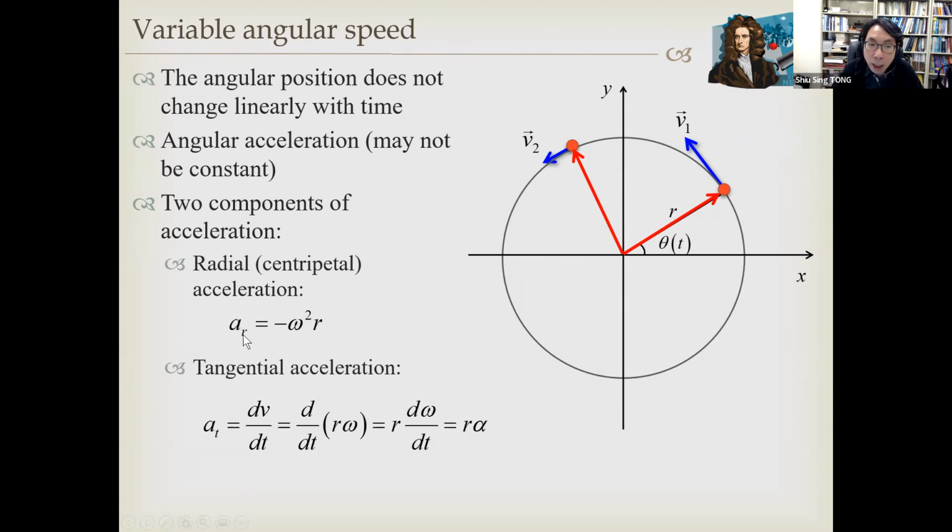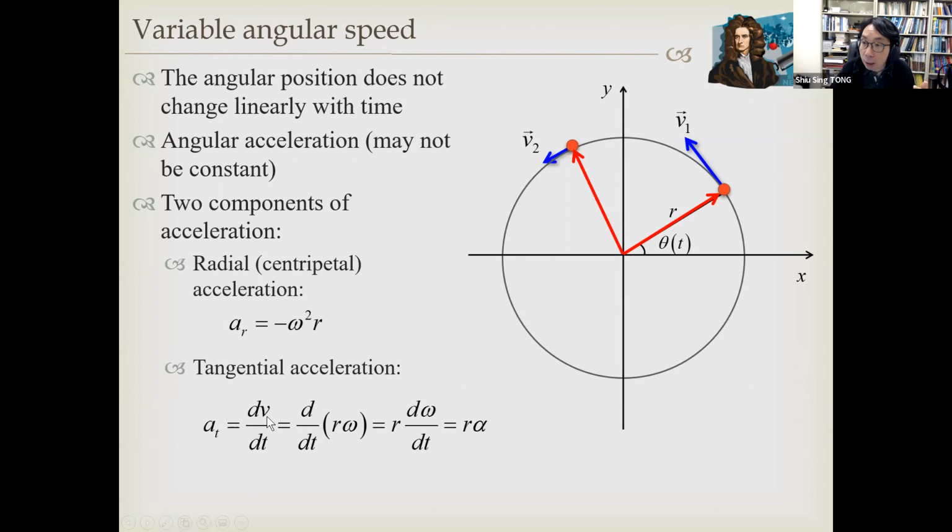But you notice that I deliberately denote it by the subscript r because there's another component of the acceleration. Now for uniform circular motion, this is the only component of the acceleration. But for a circular motion with changing speed, with changing angular velocity, you have a tangential component of acceleration. And the tangential component of acceleration is given by the rate of change of the speed, because this is in the tangential direction, right?